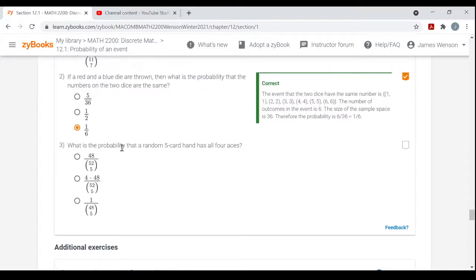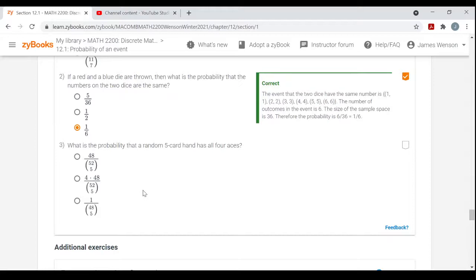And then here, what is the probability that a random 5-card hand from a 52-card deck has all 4 aces? Well, the denominator is going to be 52 choose 5, the total number of possible outcomes, the size of the sample space. And the numerator would be the number of 5-card hands that have 4 aces.